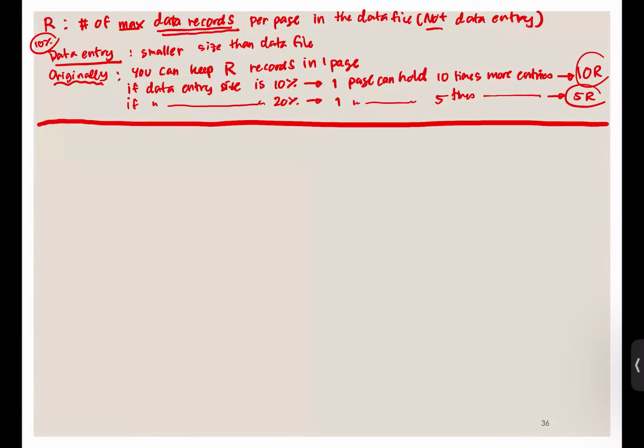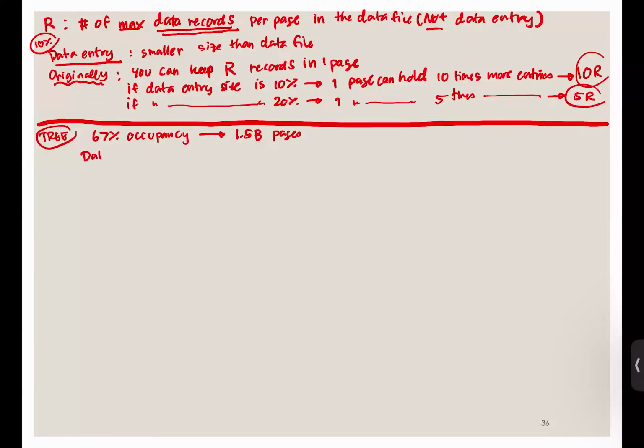Now we have two things to talk about: the tree and the hash. First, for the tree, we have 67% occupancy rate as our assumption, and we already talked about that. That would contribute to 1.5B pages.